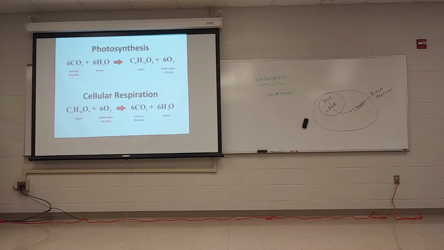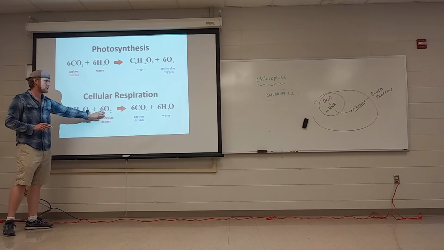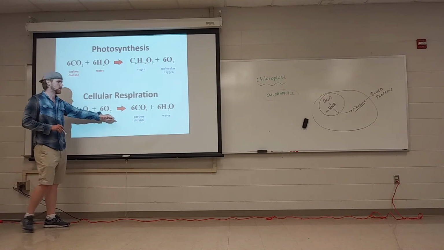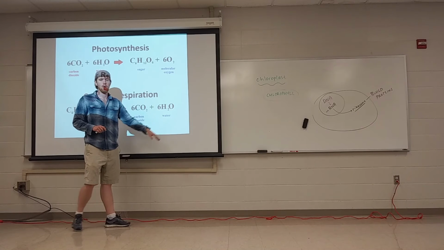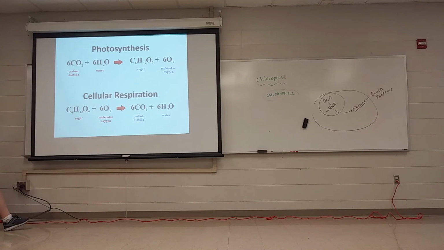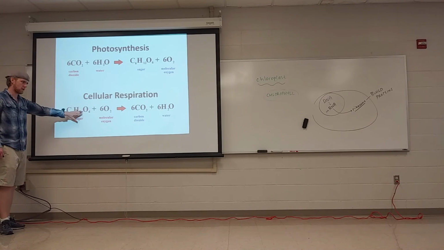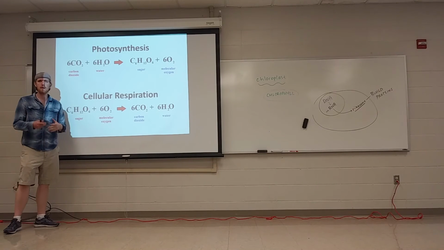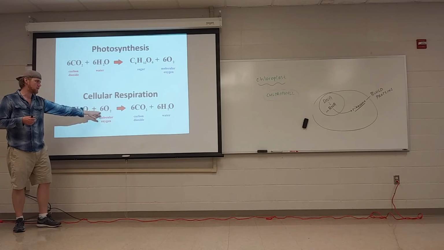You and I might not be able to do photosynthesis, but we can do the reverse equation. If you look, this is exactly the reverse. The reactants of cellular respiration are sugar and oxygen. The products are carbon dioxide and water. You and I do this when we break down food. We consume food, in this case, sugar. We need to breathe oxygen, O2.